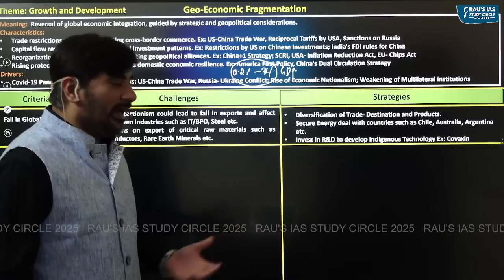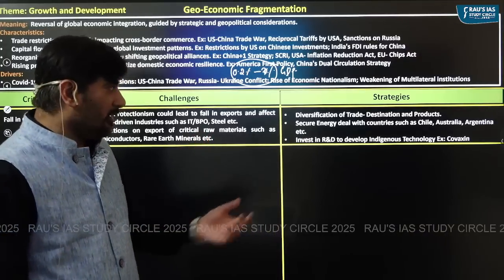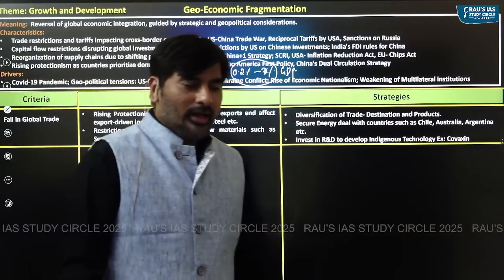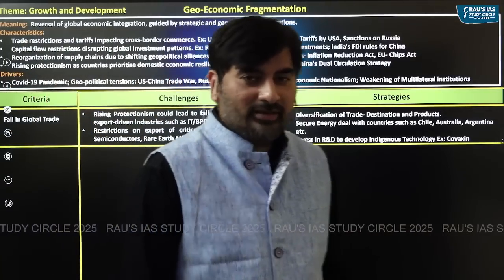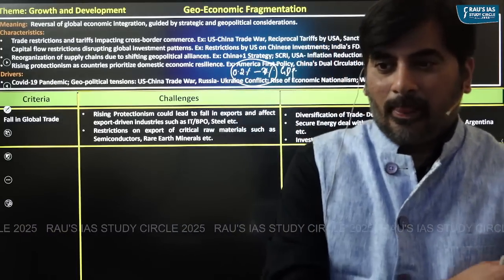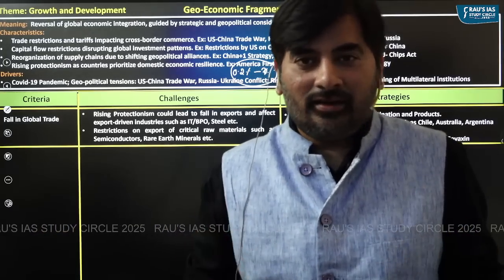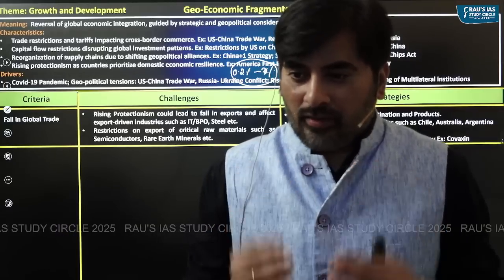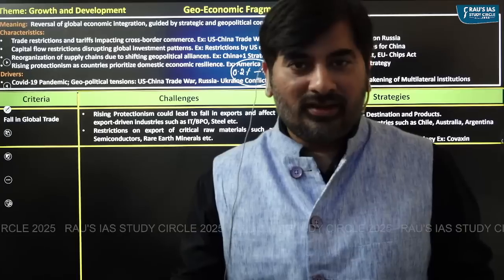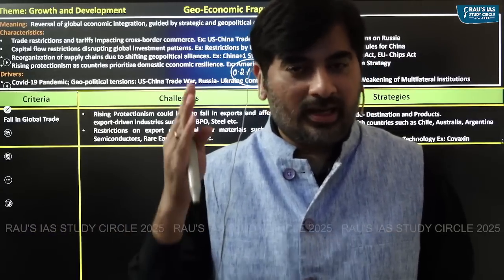We must secure energy deals, especially with the countries which have critical minerals like Chile, Australia, Argentina, etc. And ultimately, I think India must realize that for critical technology, we have to look more inward now. We have to develop our own indigenous technology. We have done it with respect to vaccines. We can do the same thing with other critical products as well going forth. And that should be India's strategy.